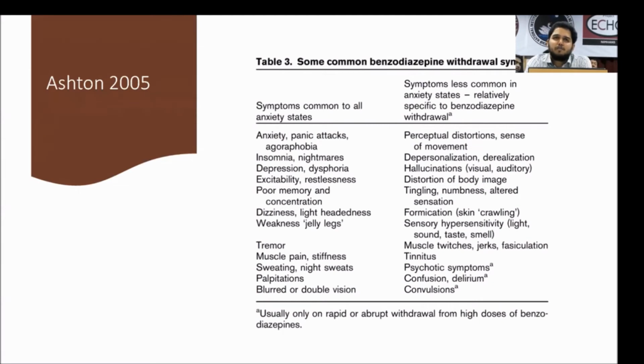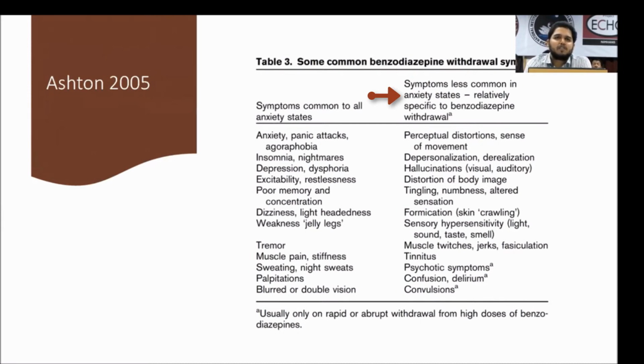There are certain symptoms which are slightly more characteristic of benzodiazepine withdrawal. You see patients with benzodiazepine withdrawal in comorbidity with alcohol withdrawal, or in comorbidity with opioid withdrawal. So how do you differentiate some of these symptoms when compared to alcohol withdrawal or general anxiety symptoms?